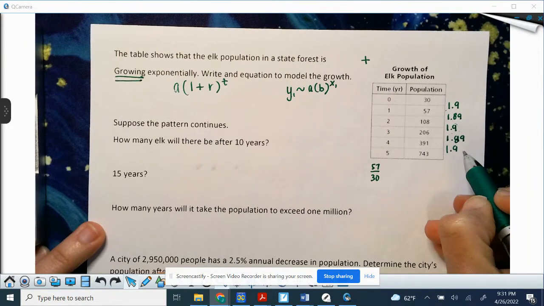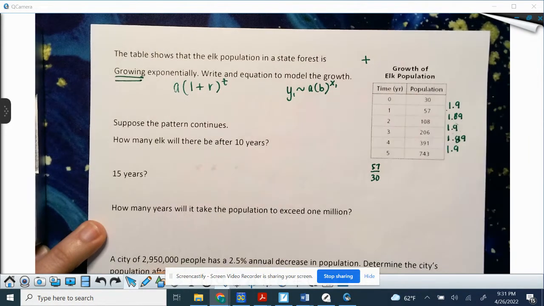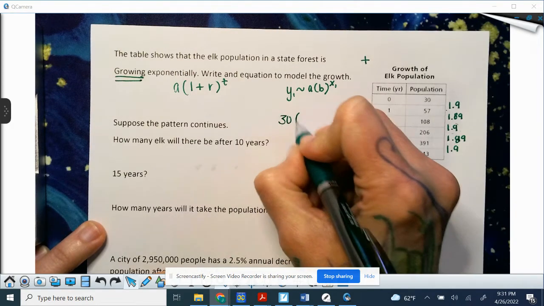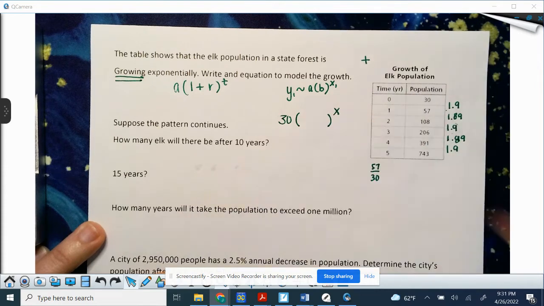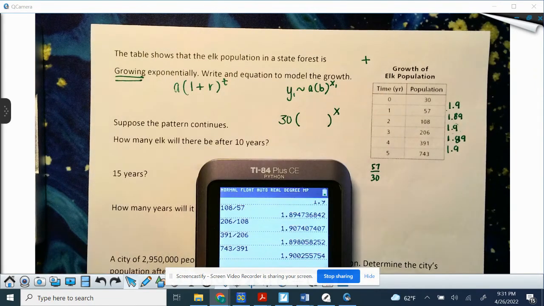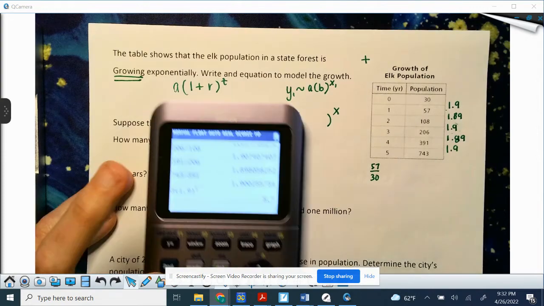It is increasing because it says growth. So 1.9 is our rate of change, and our starting amount is 30. Now, if you're unsure whether to put 1.9 or 2.9, because remember that 1 plus, what I would do is try it. So 3 times 1.9 raised to the 1 is 5.7. And that's not right, right?